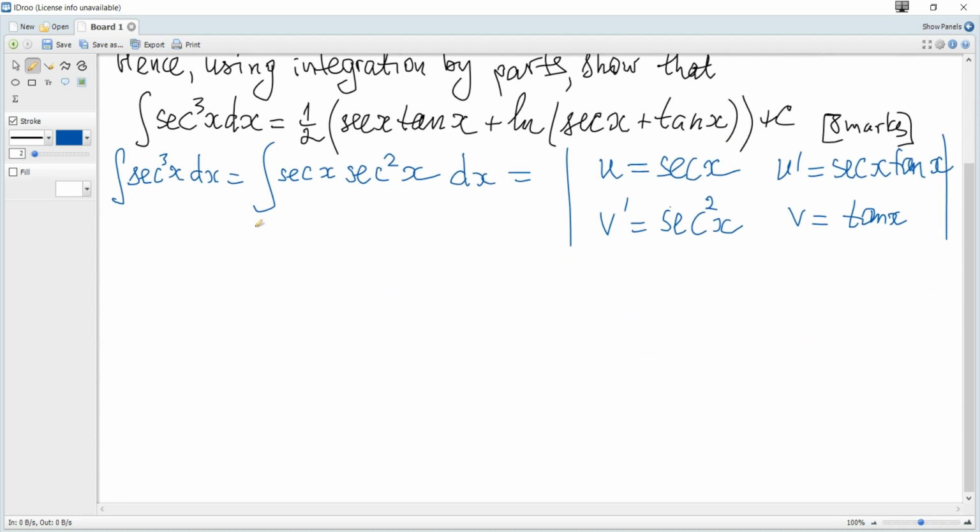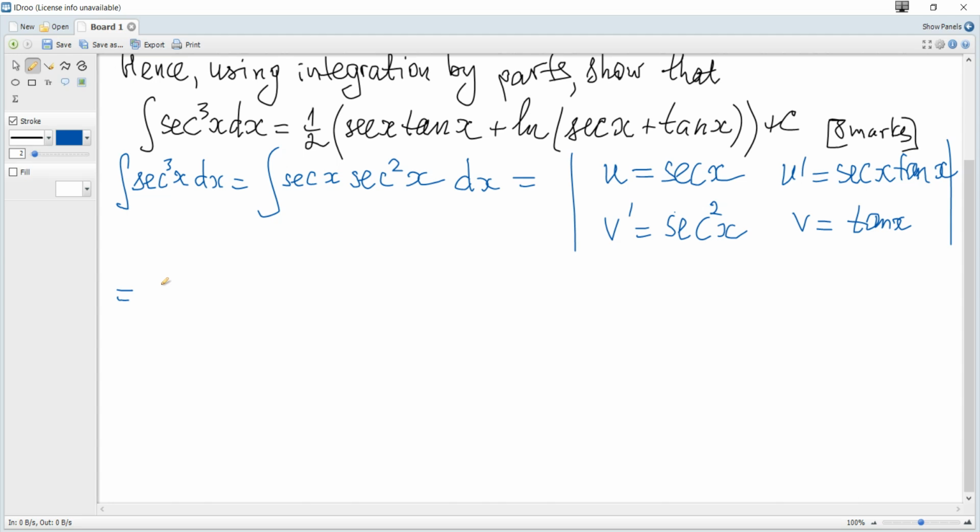Then it is equal to uv, secant tangent, minus the integral of u prime v, secant x tangent multiplied by tangent, so tangent squared x dx.